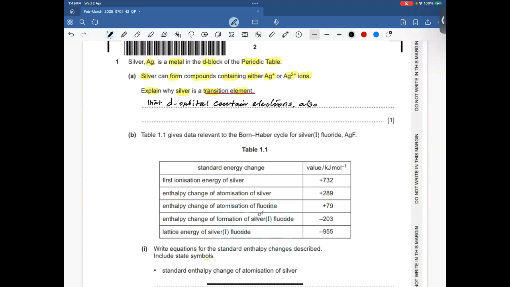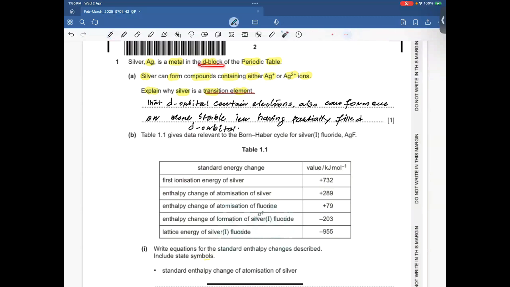Also, it can form one or more stable ion having partially filled d orbital. Since it contains d orbital, which is why it is found in the d block of the periodic table also.